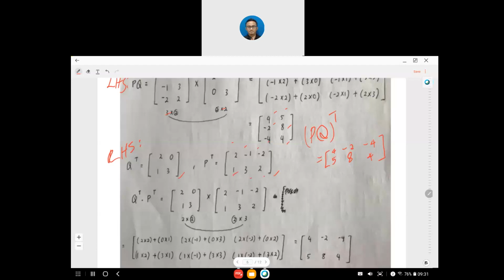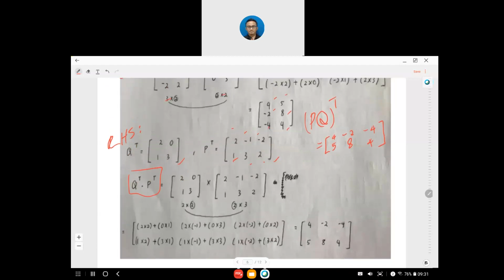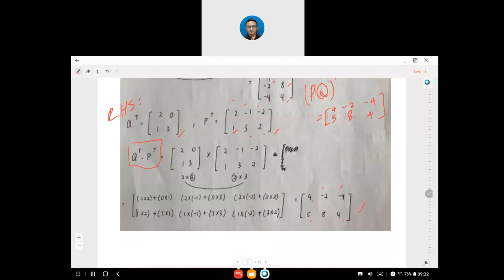And then you must times this one. Okay? After you times, you can get negative 4, and you can get 4, negative 2, negative 4, 5, 8, 4. Okay? And then you must show your solution.